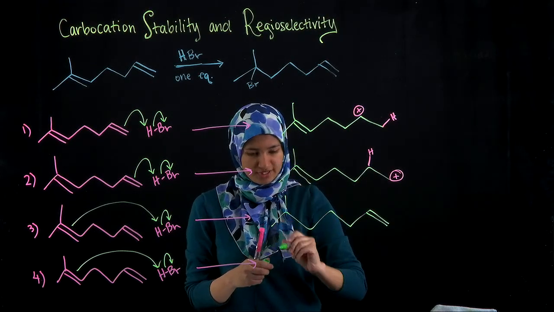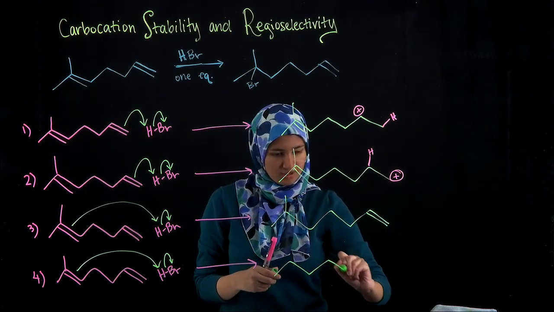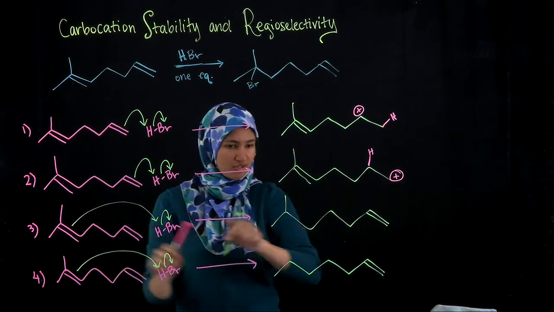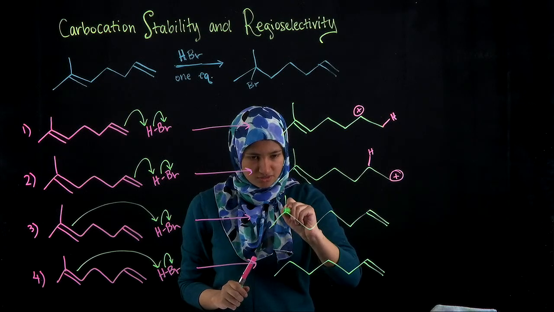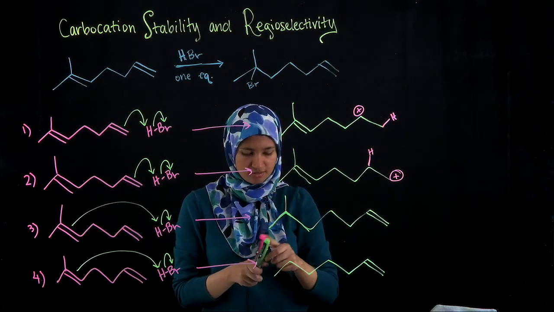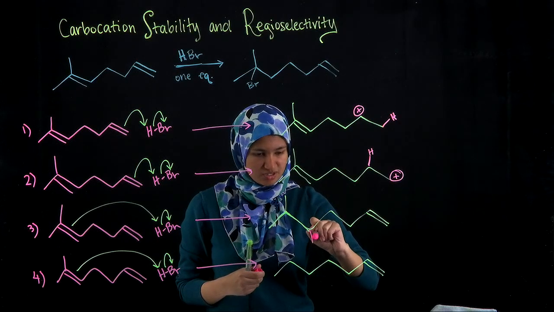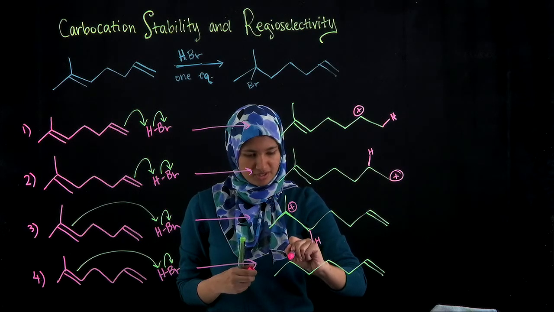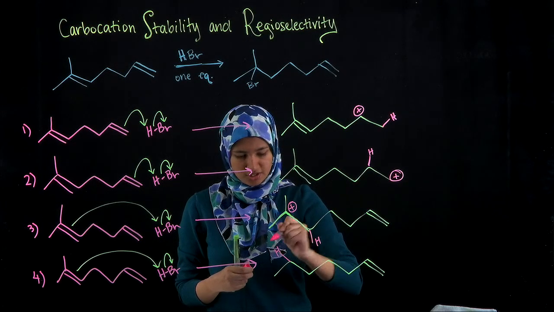And then for these 2 carbocation options, we've reacted this double bond with our hydrobromide. And the first option is to put your hydrogen here. And the second option would be to put your hydrogen here.